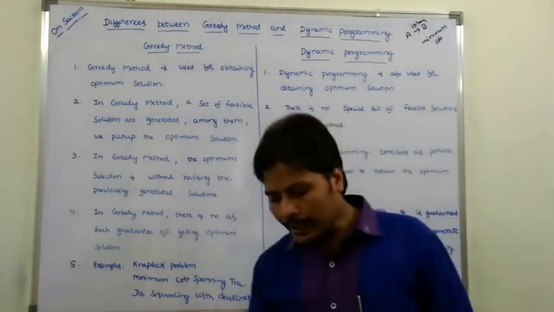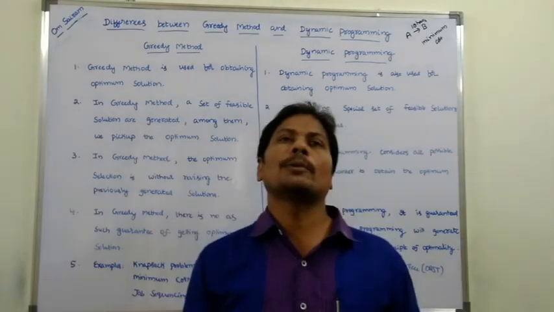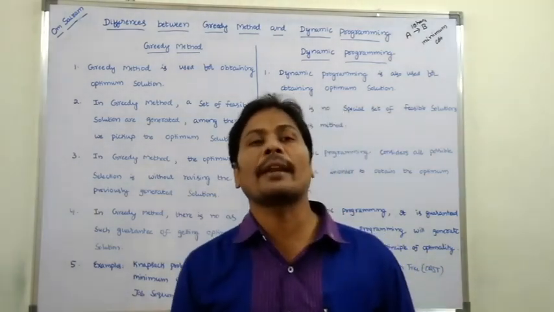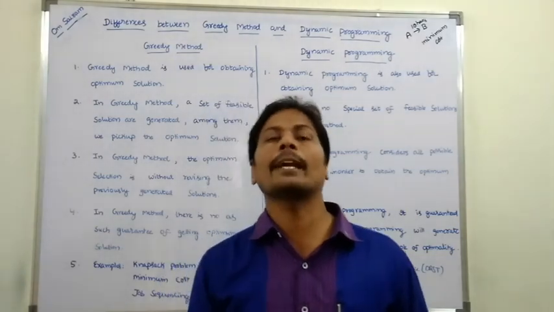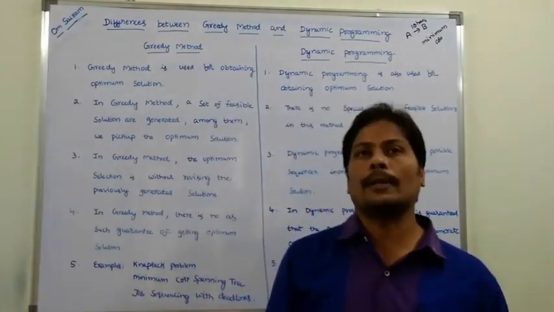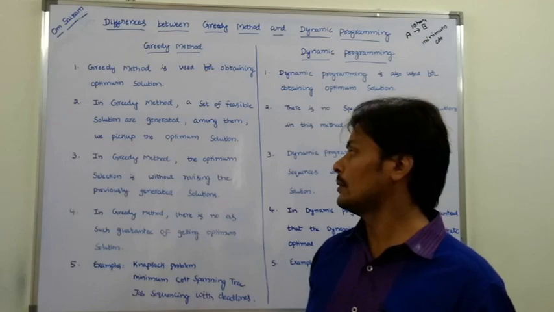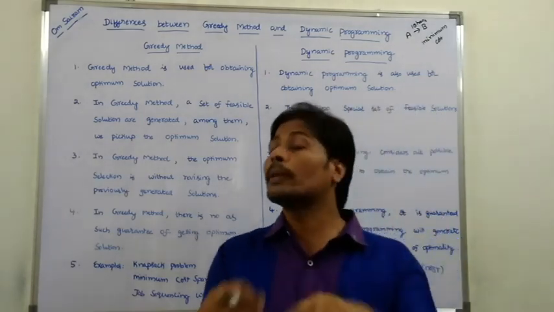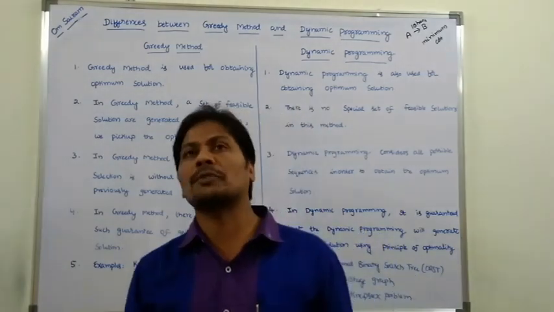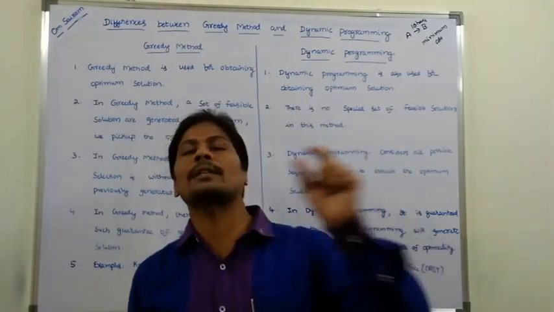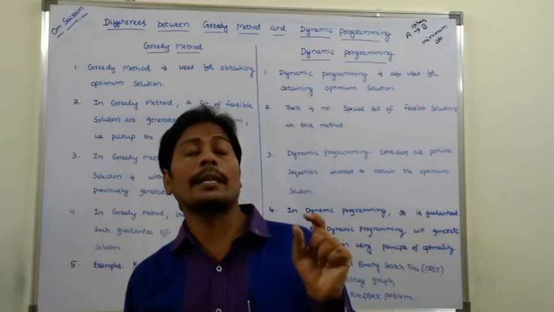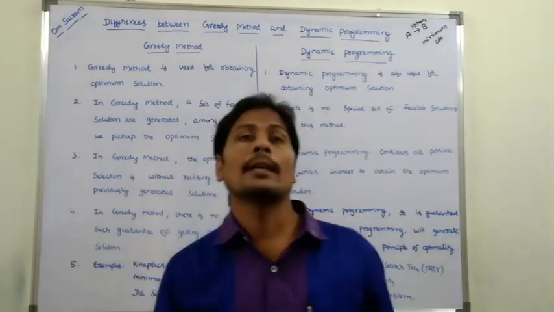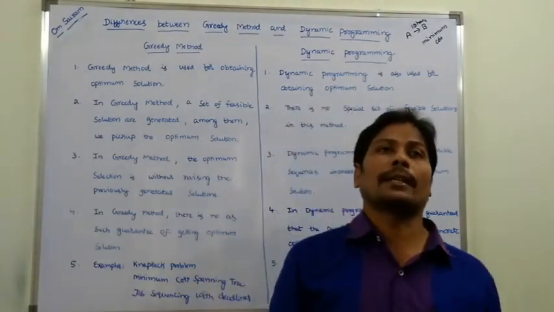Next, in a greedy method, we do not consider any previously generated solutions for finding the optimal solution. Whatever the previously generated solutions, they are not considered in the case of greedy method.